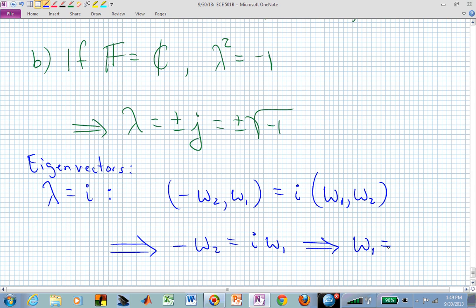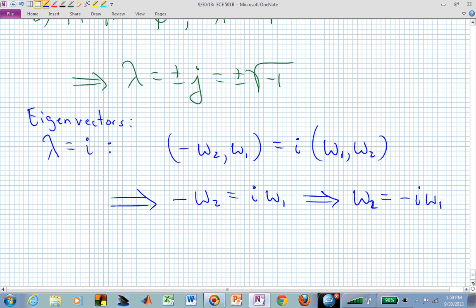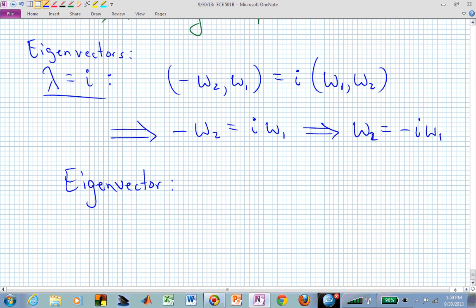Or if we started with omega 1, or maybe I should say, what if we replace omega sub 2? Omega sub 2 is going to be minus i omega 1, just multiplying both sides by -1. So the eigenvector associated with this eigenvalue, lambda equal i, is going to equal W1, and W2 is minus i W1.